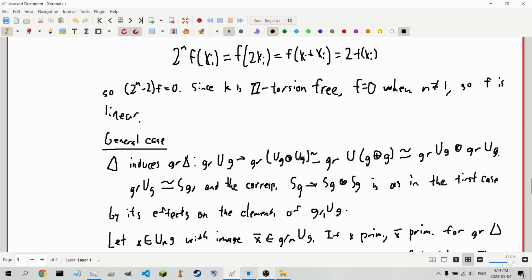And this gives us that 2 to the n minus 2 of f is 0.